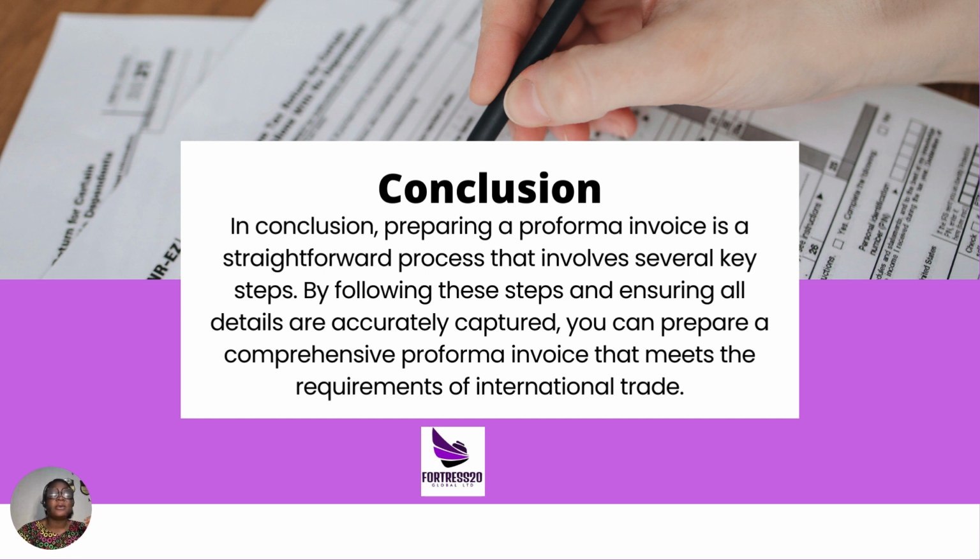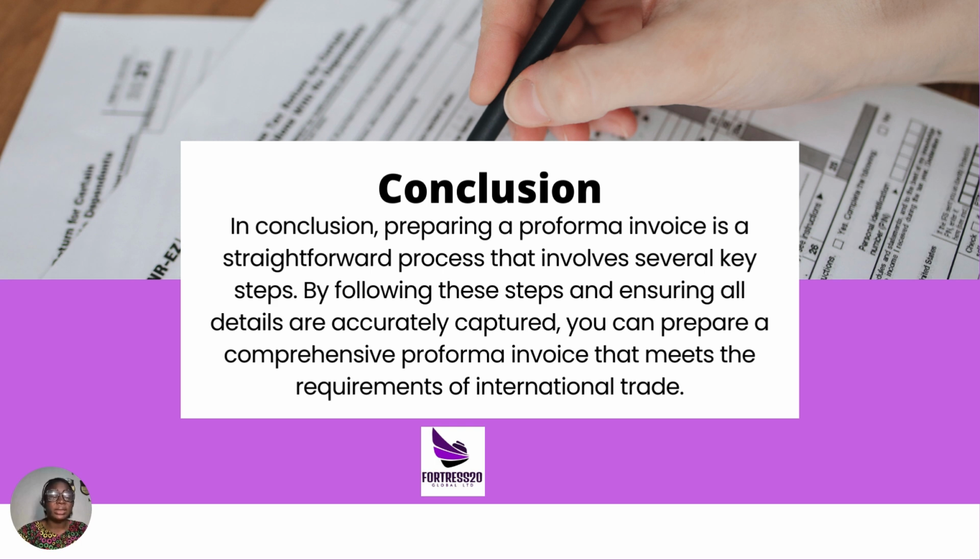In conclusion, creating a Proforma invoice is like putting together a puzzle, and it's very simple if you follow the steps. Start by collecting all the details about your transaction, including who is buying and who is selling. List out the goods with precise descriptions, quantities, and prices. Next, you spell out payment and delivery terms.